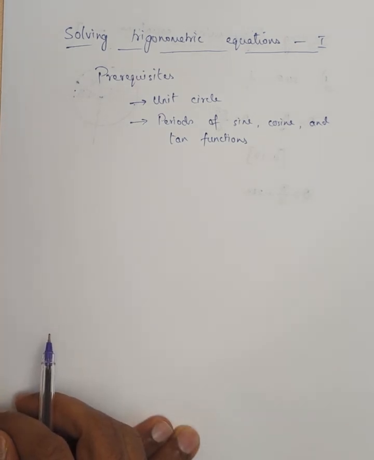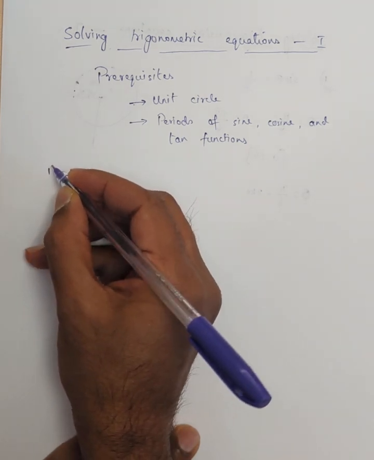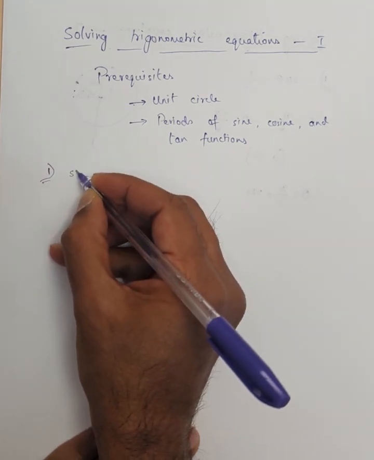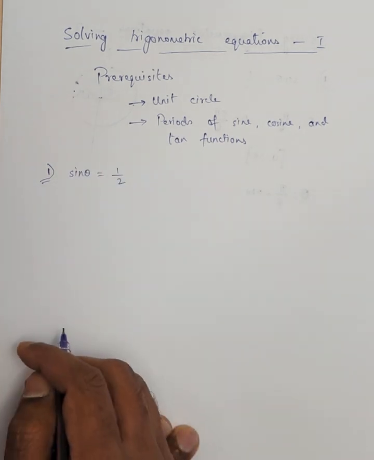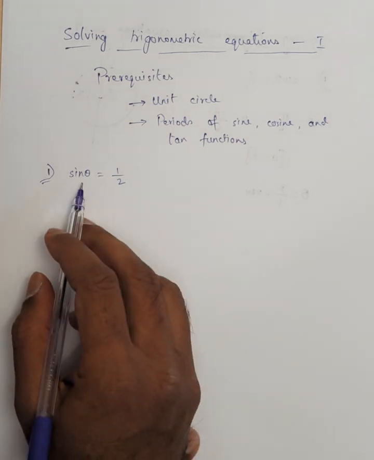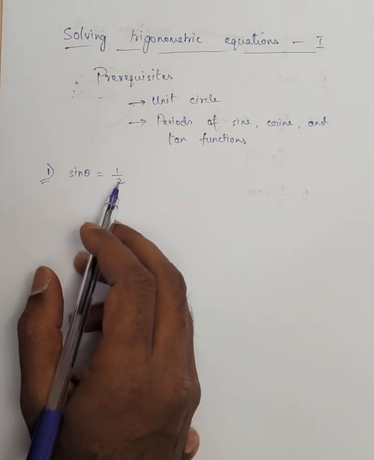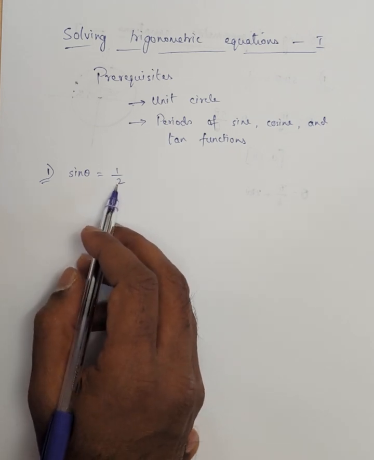Now, let's get into an example. We'll start with a simple one. Say sine theta equals half. Now, if you recall your unit circle, sine is the y coordinate, and the y coordinate is half, and it's positive half.